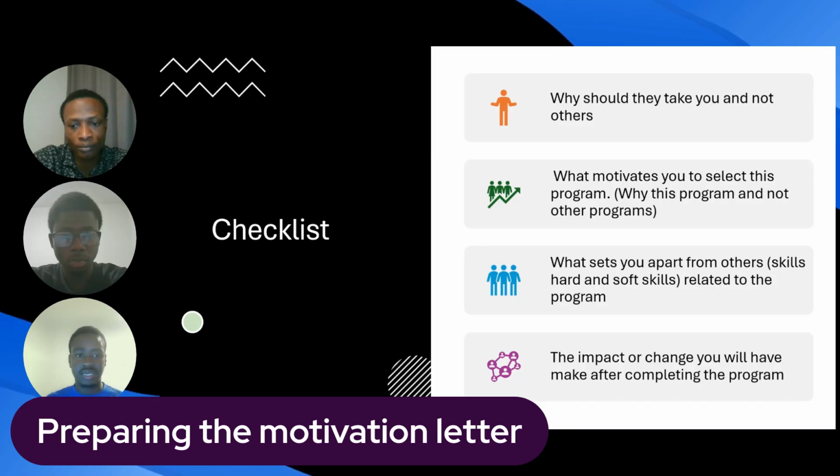But if you just say you want to do this program so that you can become a civil engineer, you've always dreamed of being a civil engineer, and after this program you become the civil engineer you always dreamed of and make your mom proud and all those things, then it means that when they pick you for the program, it's only going to be about you, and that's not what they want. They want to know how you are going to make an impact, locally and globally.